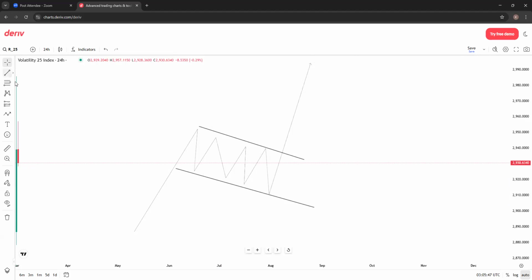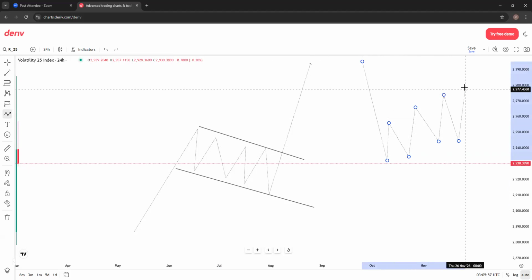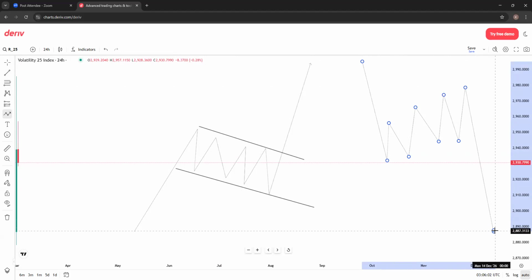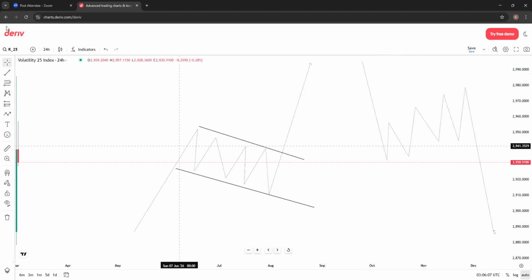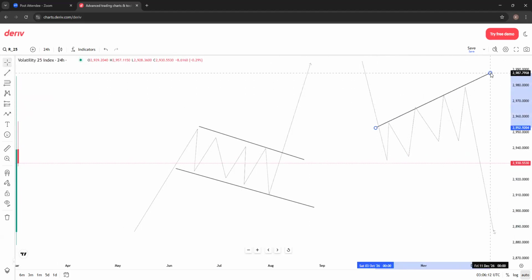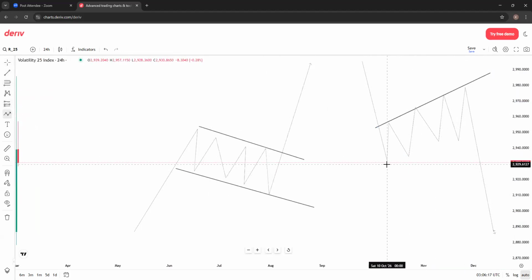And if we're in a bearish direction, our flag has to face up and it continues going down, right? And we mark it like this, right?